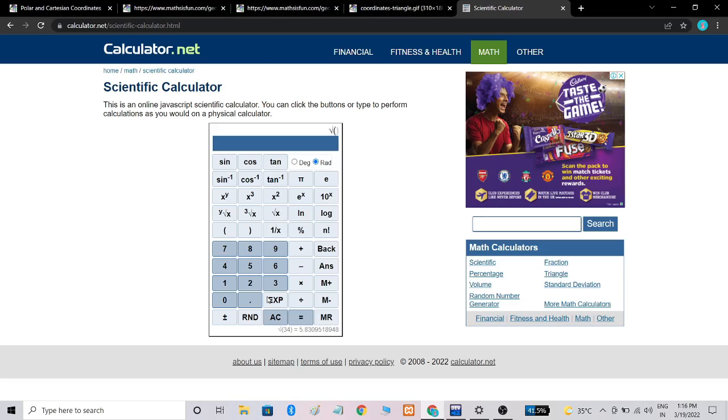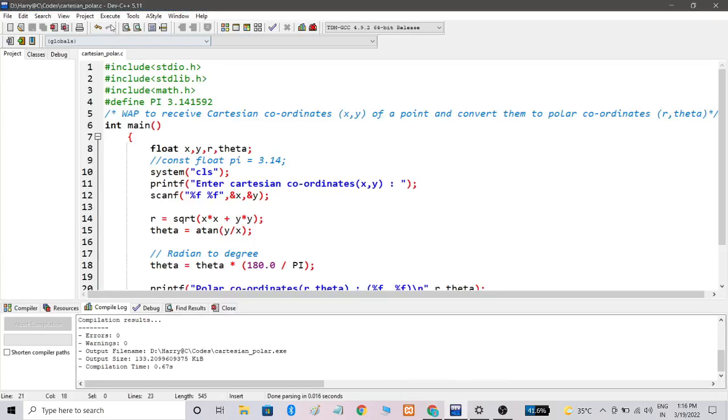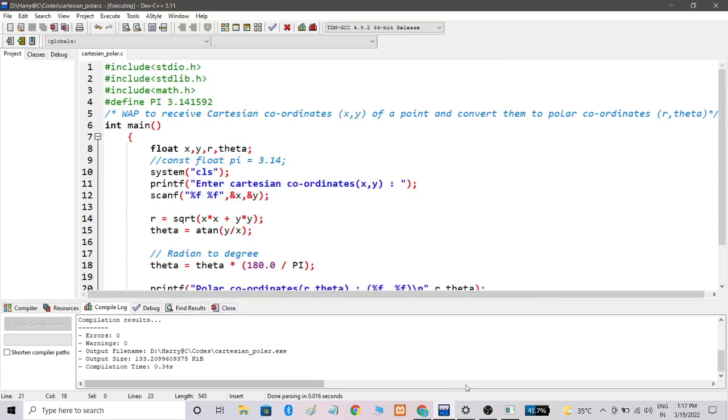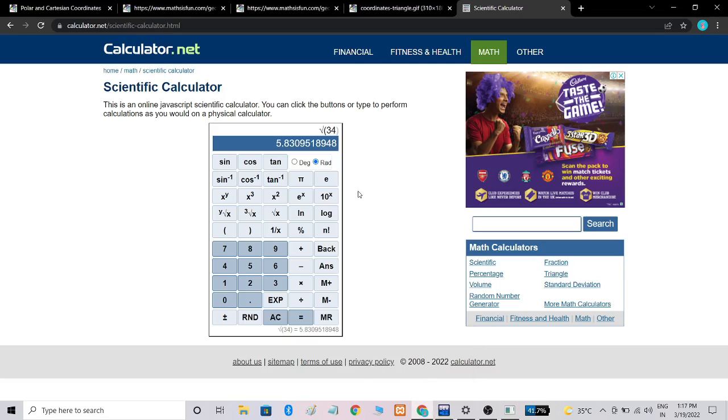Let's calculate here. This will give us surety that our program is correct. Let me execute it again and we can tally with the output, 5 and 3: 5.83. It's correct.